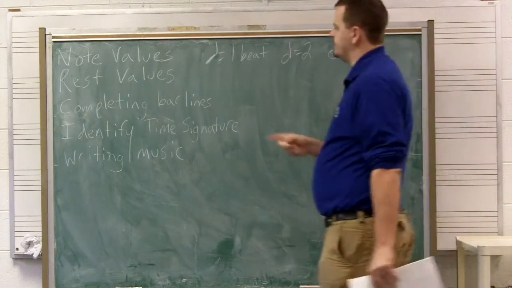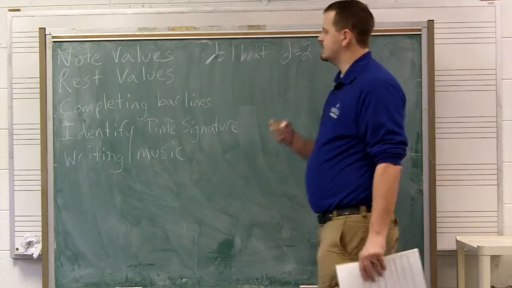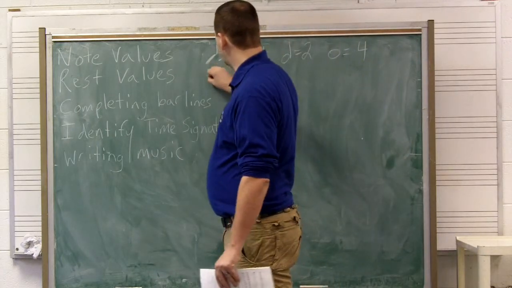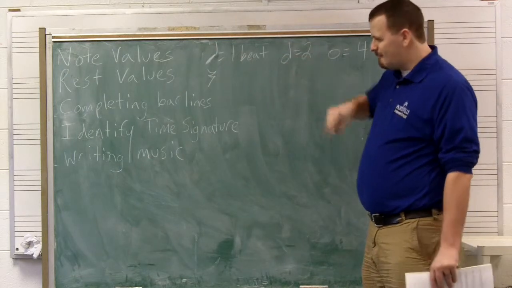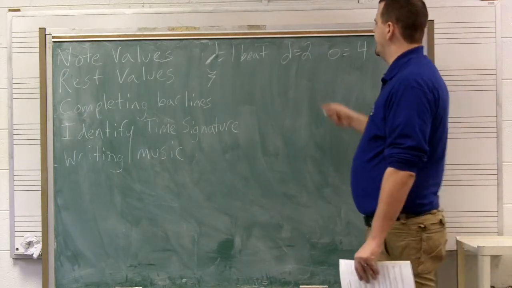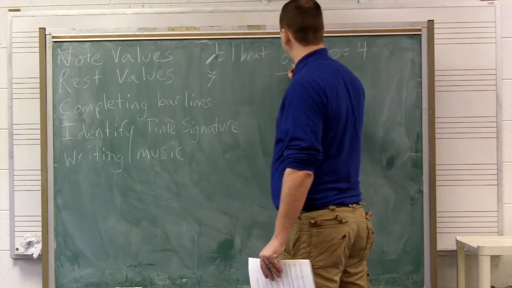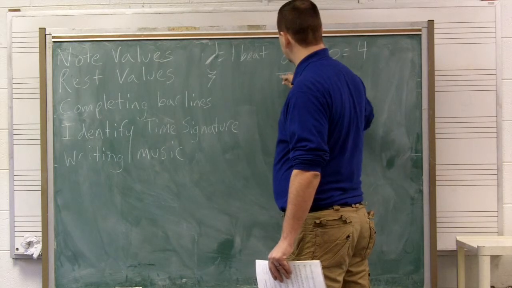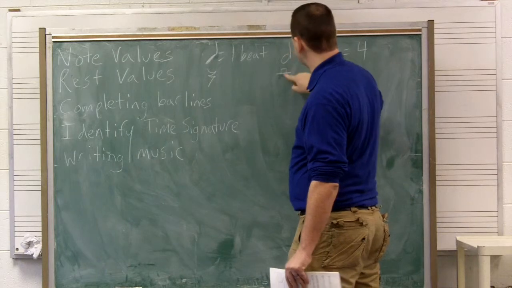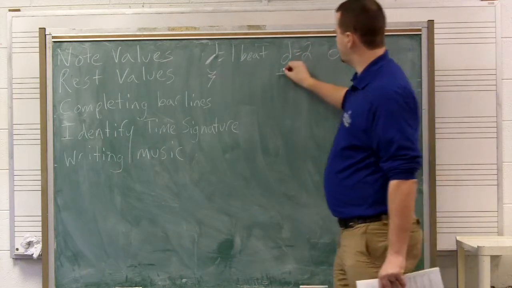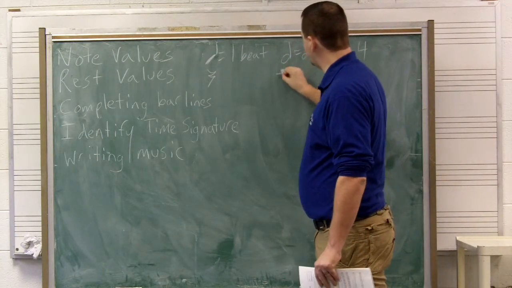And the rest values, if you can remember what those look like, the quarter rest sort of looks like a lightning bolt 3 in a way. The half rest, remember, I actually did that incorrectly. It looks like a hat, and this part right here is filled in. I'm hoping that you all can see that.